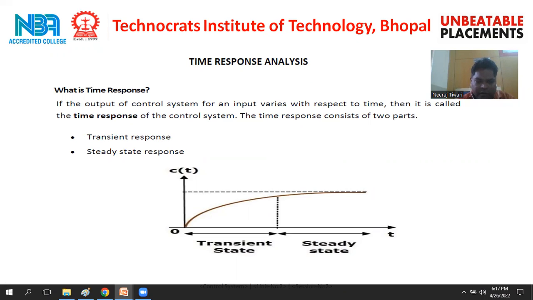With respect to time, the transient response will fluctuate, and after some time the transient response will die. After that, the response will start the steady state response. For the steady state response, the curve will be constant.